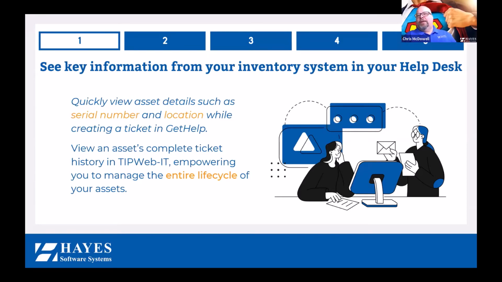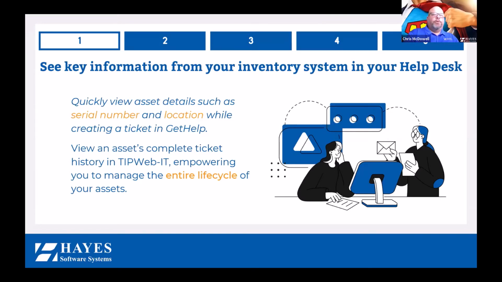By eliminating the need to jump between those two systems to accurately solve and track the asset, because Get Help is integrated with TIPWeb IT, you're saving them a lot of time. Get Help is able to get from TIPWeb IT information and details such as the site, the room number, who it's assigned to, obviously the serial number, tag number, product type, again, without having to bounce between 2 different systems.